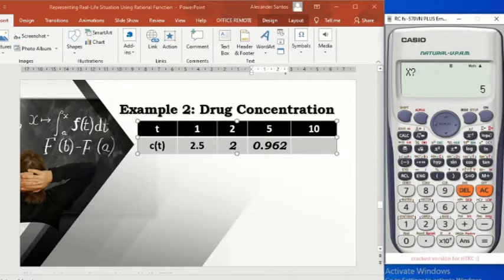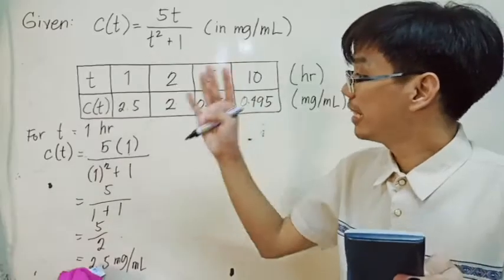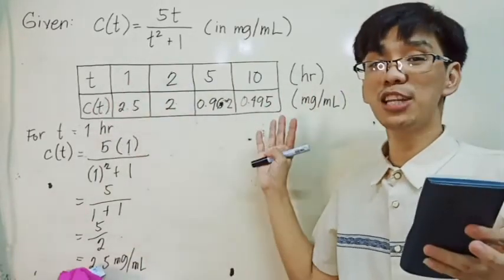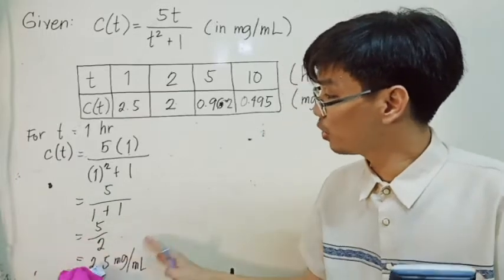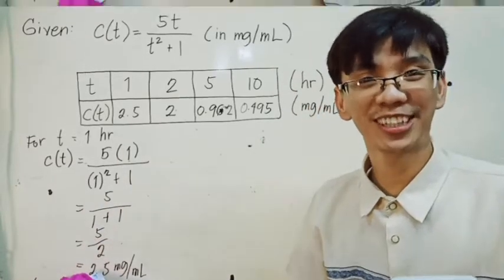And then put the value 10. Then equals. The answer is 50 over 101, or again, press S arrow D. It will give us 0.495. So, this is how to solve a table of values using manual computation and using calculator.